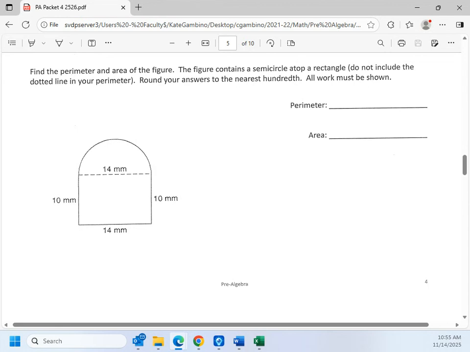So we need to remember how to do perimeter and area with a circle, and then divide it by 2, because it's only half a circle, right? We know how to do the perimeter and area of a rectangle, adding up the outside. Then for that perimeter, we have to add on that half circle.